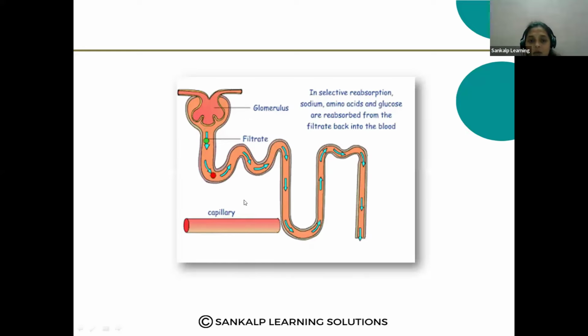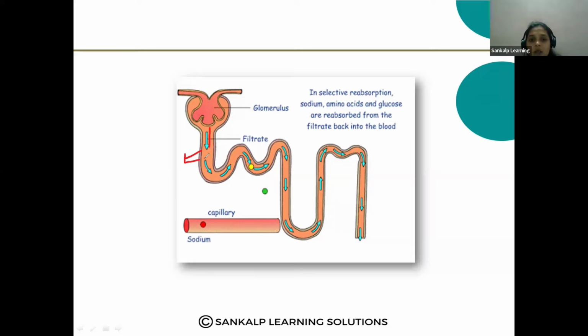So this is how the filtration takes place in the glomerulus, and the reabsorption of the material, and finally it forms the urine. In this video you can observe briefly the blood vessels carrying the blood. Here filtration takes place. In the filtrate there is some amino acids, sugars and water that is needed for our body and should not get eliminated.